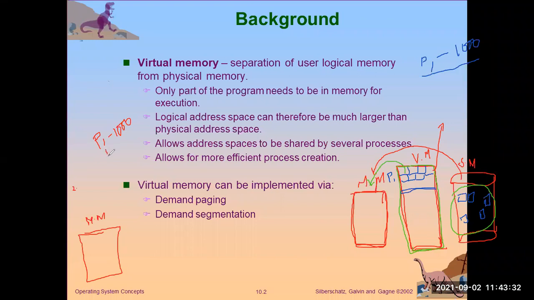Suppose out of 1000 instructions, only 50 instructions are currently required. So I will only store these 50 instructions. The rest of the instructions will be stored in your virtual memory.